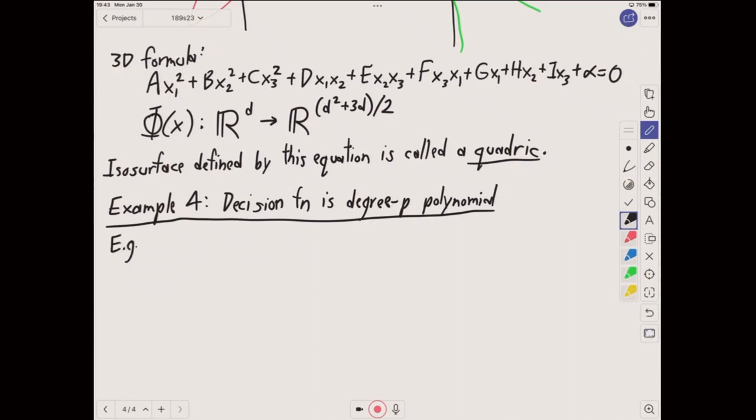Now, an example of that is, let's think about general cubic polynomials. And to keep this reasonable, I'm just going to do this one in two-dimensional space.